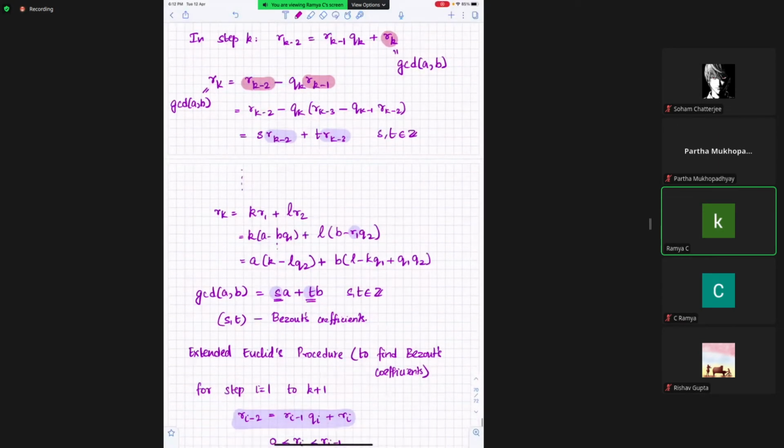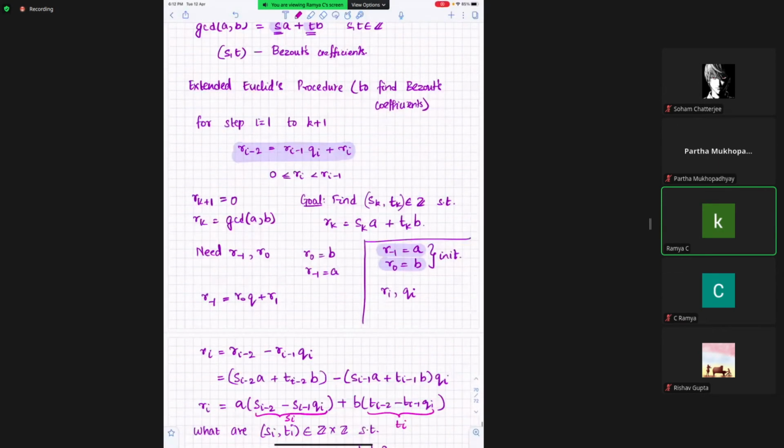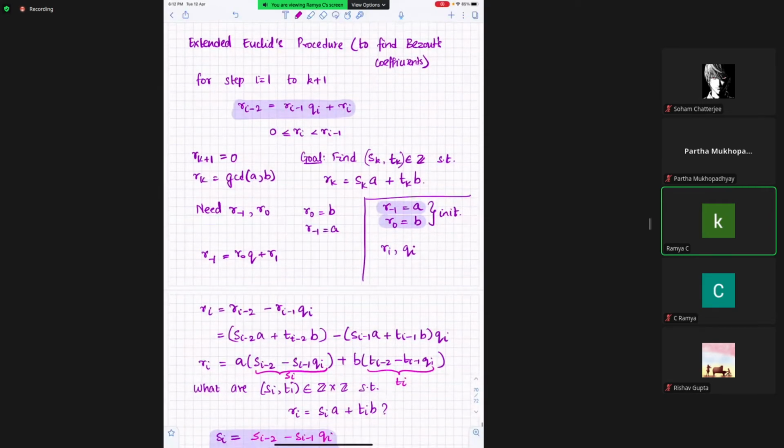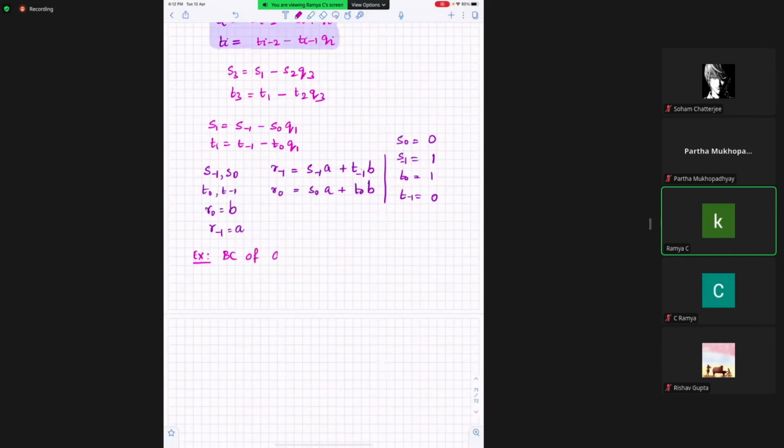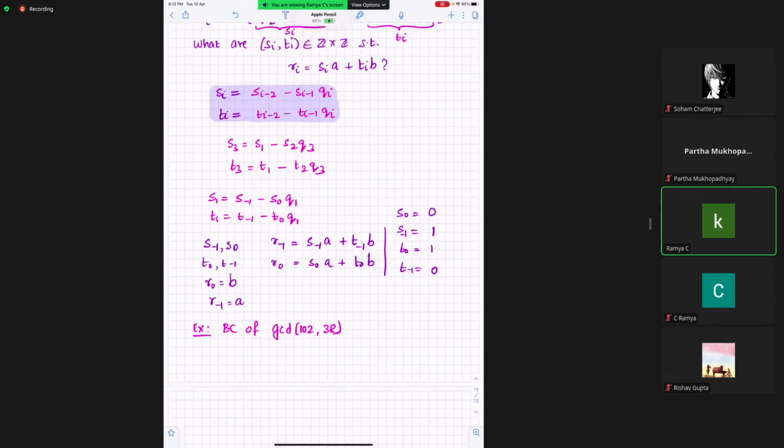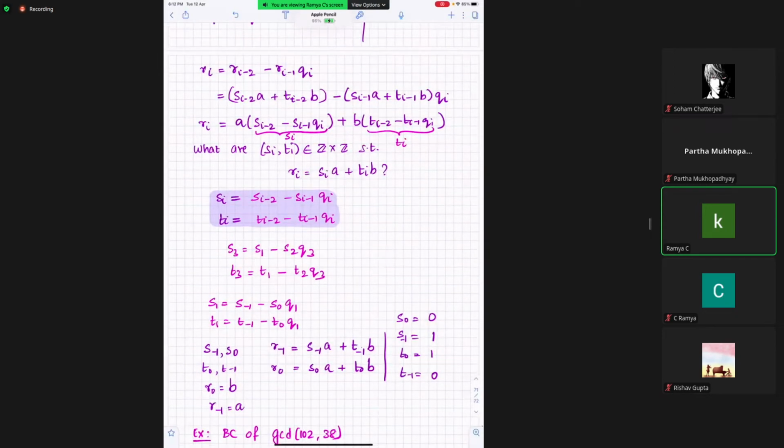As an exercise, you can also sit and compute. Is this clear? You should clarify anything about the procedure. This is something different from the proof that you saw.